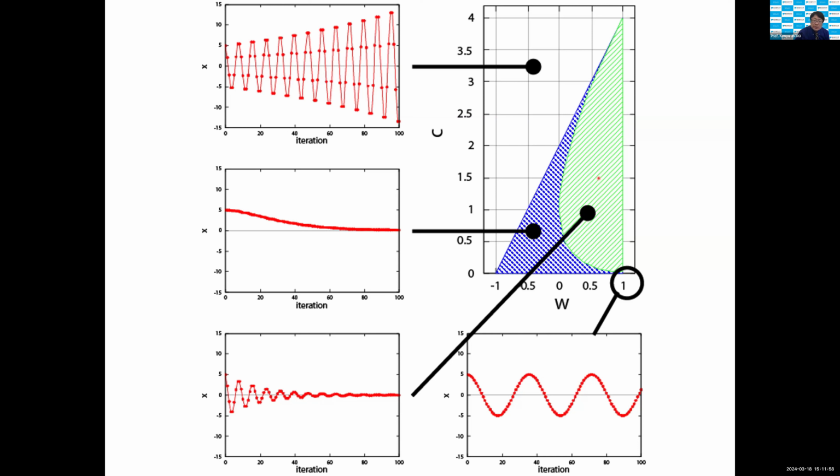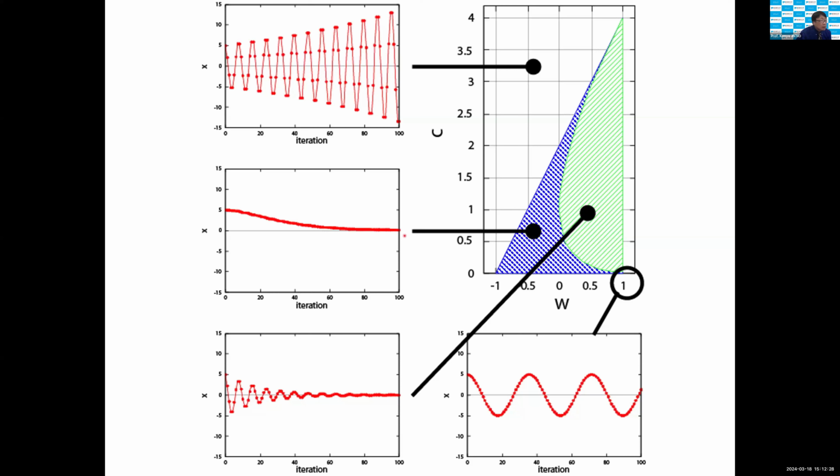And in this case, the search point of the PSO will diverge like this. On the other hand, in the blue hatched area, the eigenvalues are real, indicating that the search point will move toward a fixed point like this.